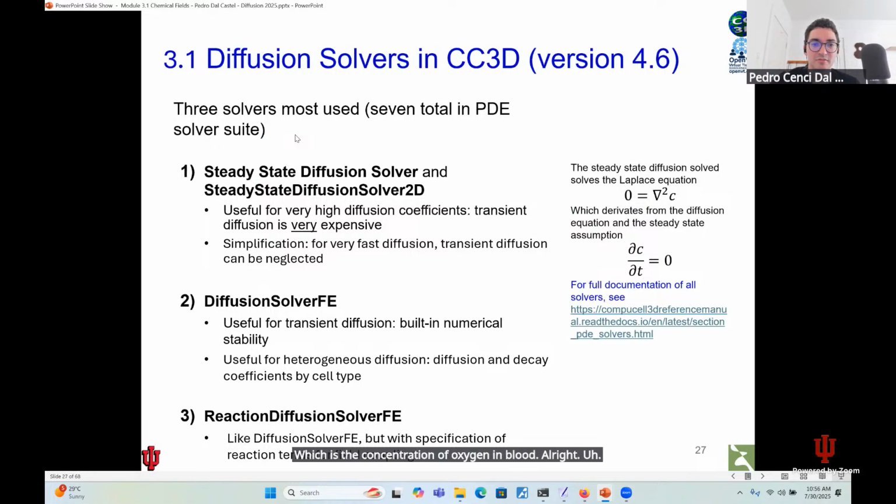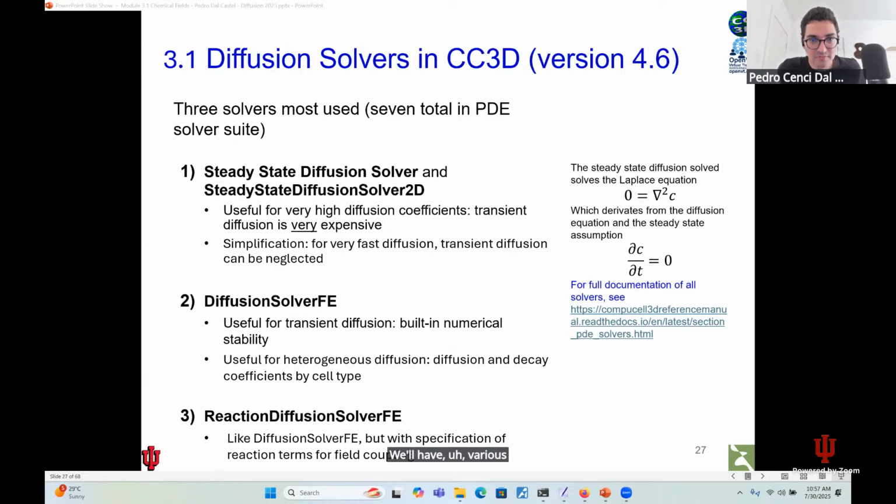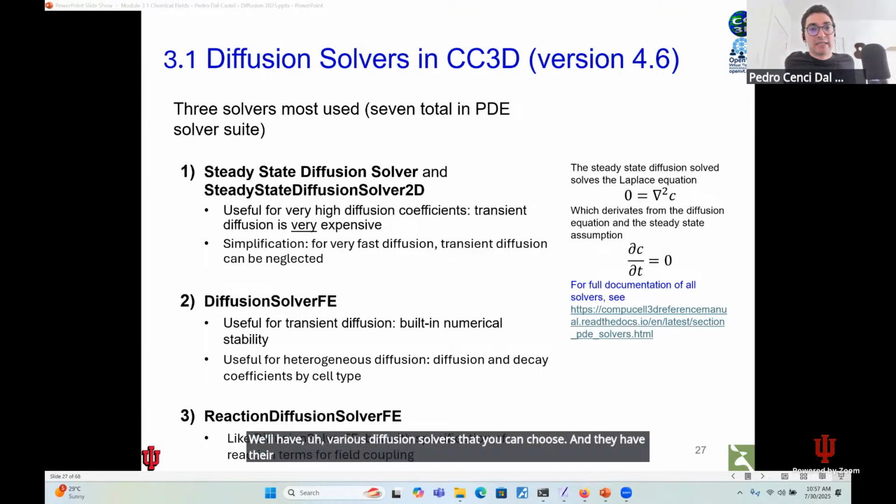In CompuCell, there is a question here. I will see whether the moderators can answer or defer to me if it's something more that everybody should know. In CompuCell3D, we have various diffusion solvers that you can choose, and they have their situations. For example, the steady state diffusion solver is not actually solving the diffusion equation.